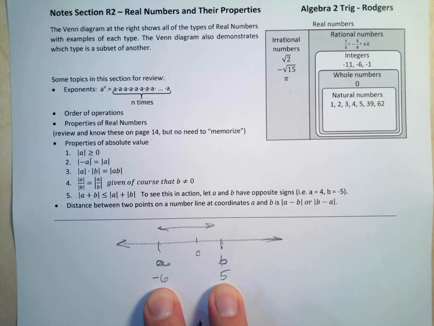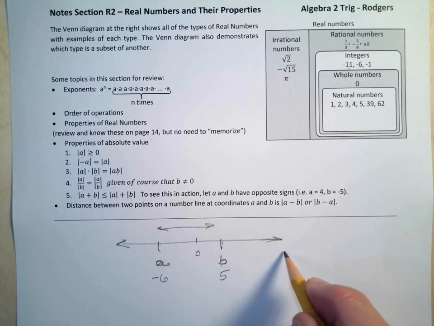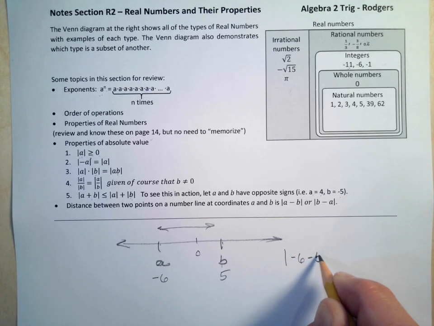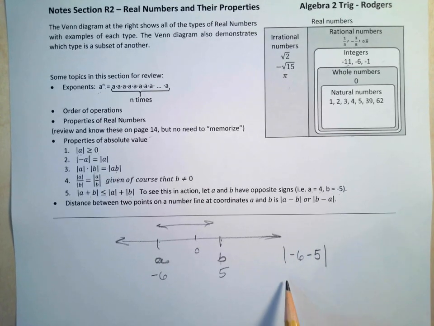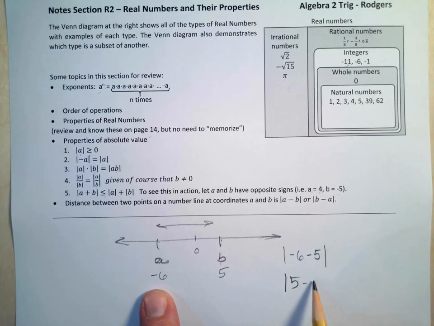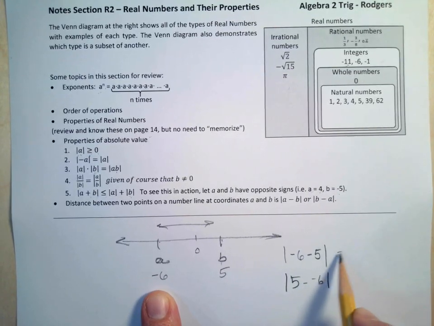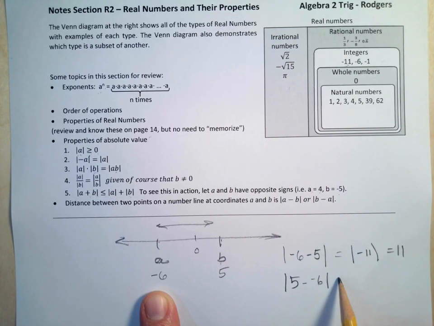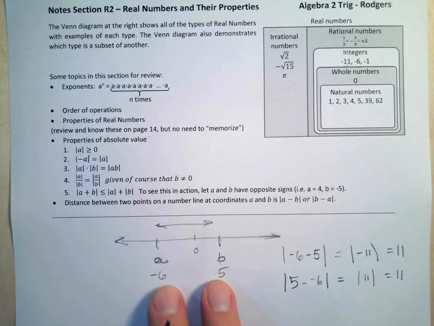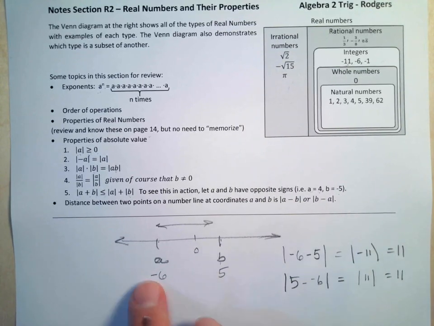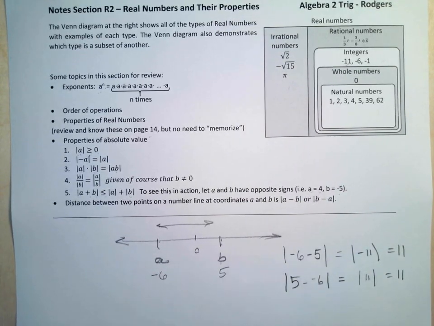So the difference between those, we know it's 11, but the absolute value, so we have absolute value of -6 minus B, or we would say the absolute value of B, which is 5, minus -6, and you can see this would be the absolute value of -11, which is 11, or the absolute value of 11, which is 11. So that works for taking the difference, the absolute value of the difference of the two coordinates on a number line will give us the distance.